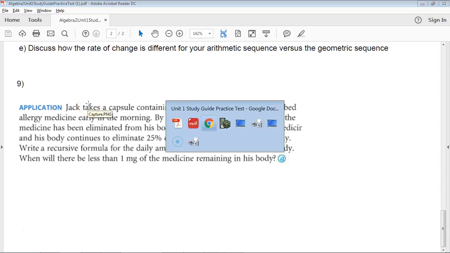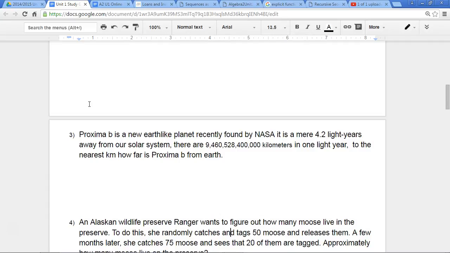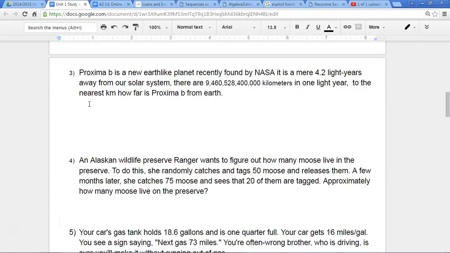All right, you guys, question 3. Proxima b is a new Earth-like planet recently found by NASA. It is a mere 4.2 light years away from our solar system. There are approximately 9.5 trillion kilometers in 1 light year, to the nearest kilometer.